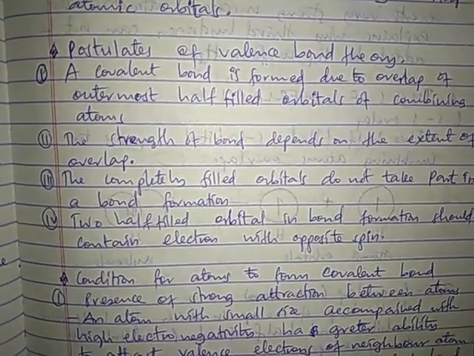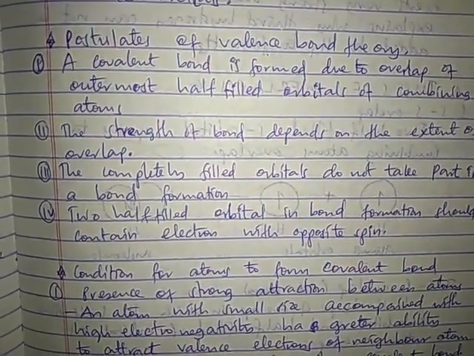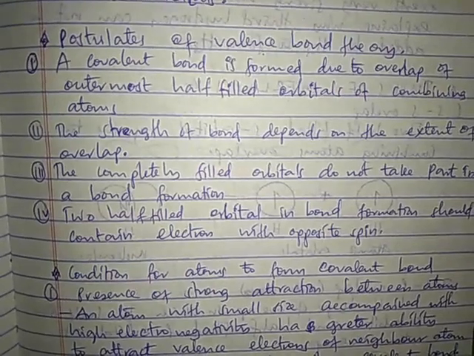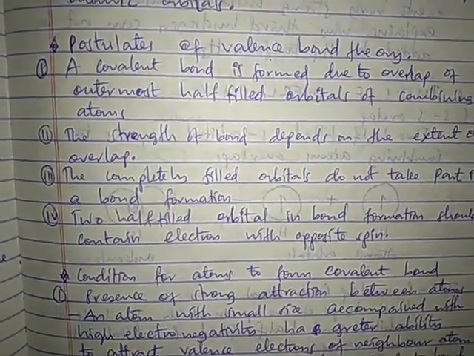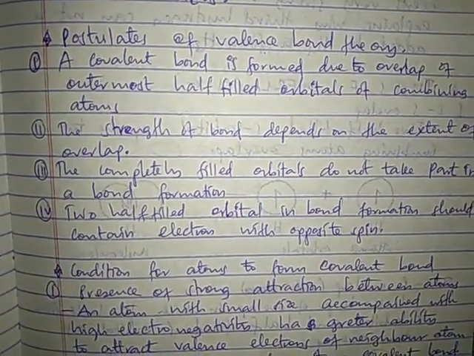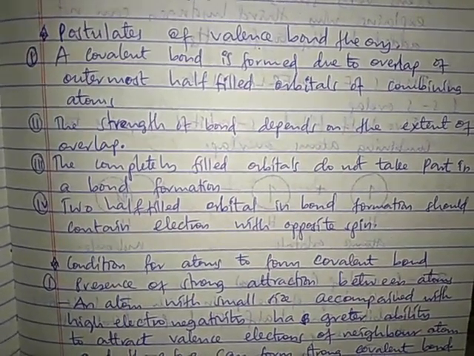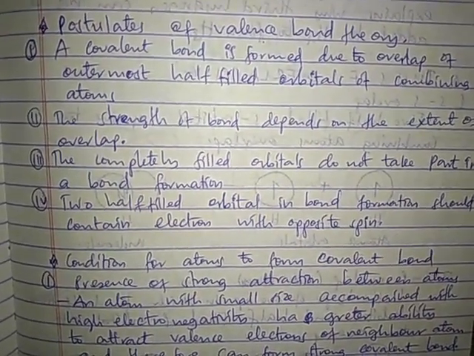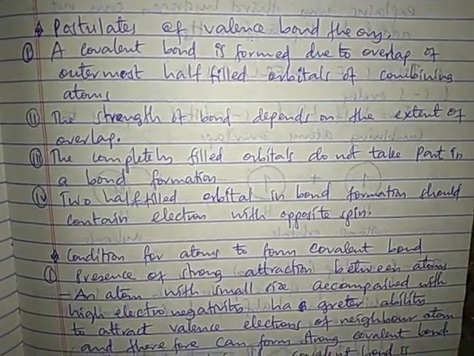So covalent bond is formed by the overlap of the outermost half-filled orbitals of combining atoms. If those outermost orbitals are D orbitals, they are the ones which will combine.